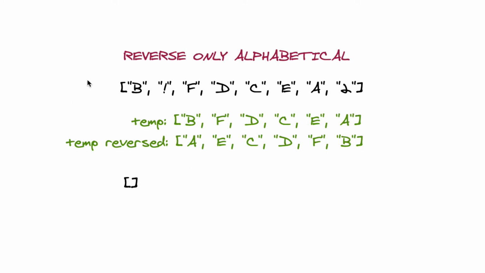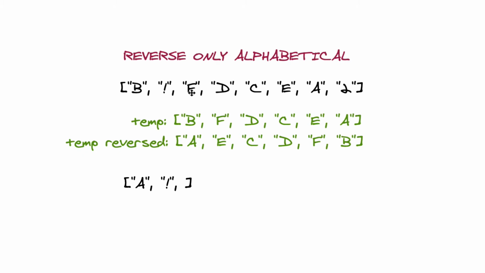Now, what we can do is traverse through the original array one more time, and each time we stumble upon a letter of the alphabet, we can replace it with the letter in the same position as the temp reversed array. So instead of B, we'll have A. We see the exclamation point, and we keep it.